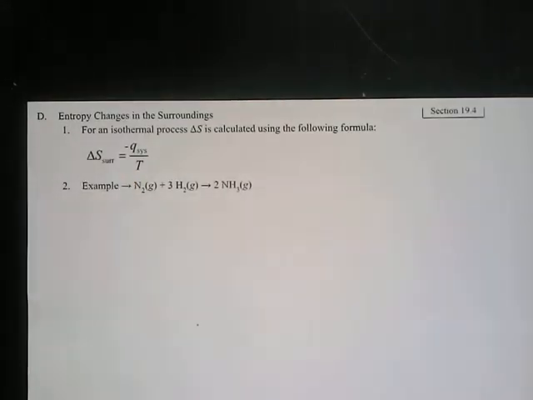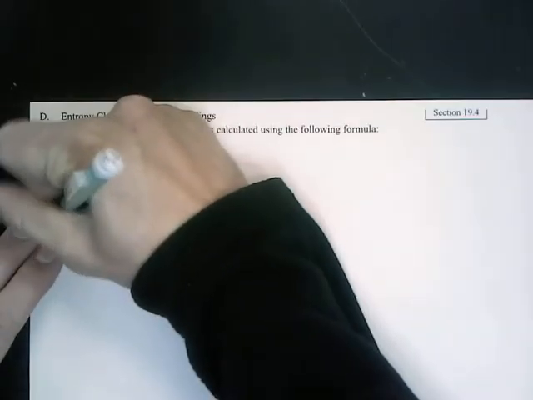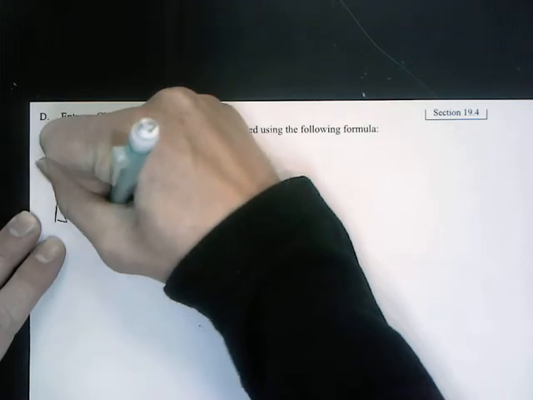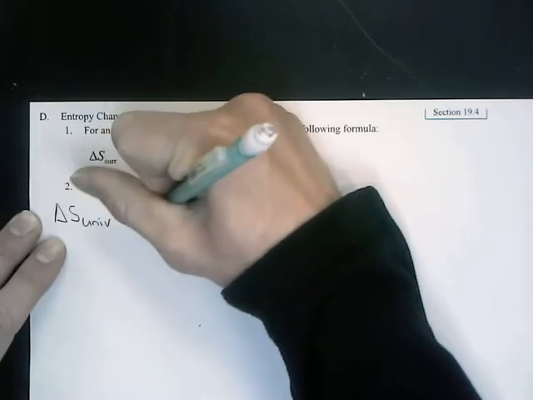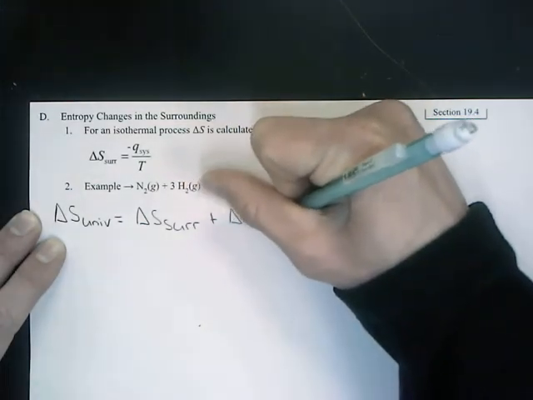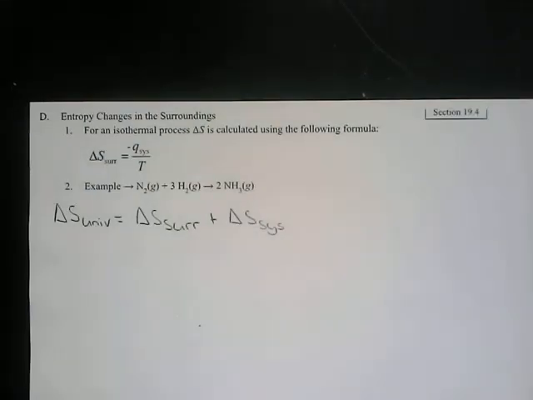Now, I want to put some things into perspective here. I'm going to write it below: delta S of the universe is equal to delta S of the surroundings plus delta S of the system.